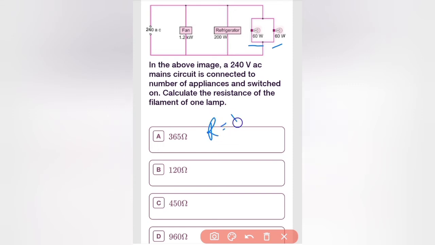So resistance is equal to V square by P. So here 240 into 240 is going to be V square, divided by P. P is 60. So you can cancel this and find out. 960 is the correct answer. Option D is the correct answer.